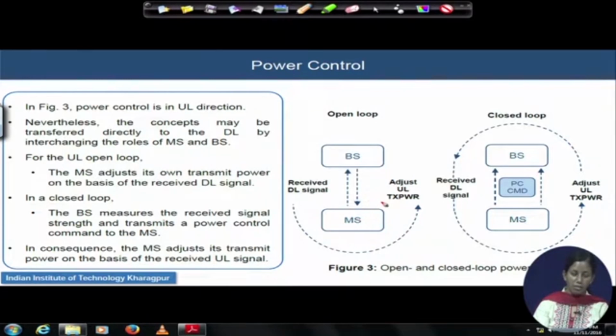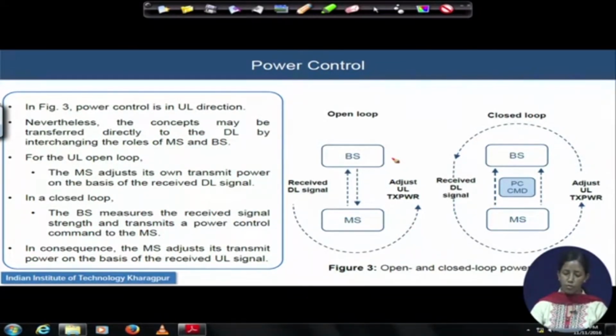If the channel condition is really good, he will not transmit at a very high level. If the channel condition is bad, he needs to put more power to get the transmission through, and so he will adjust the transmit power level in the next uplink transmission. And remember, in the open loop, you do not have any instruction from the base station on how to go ahead with it.